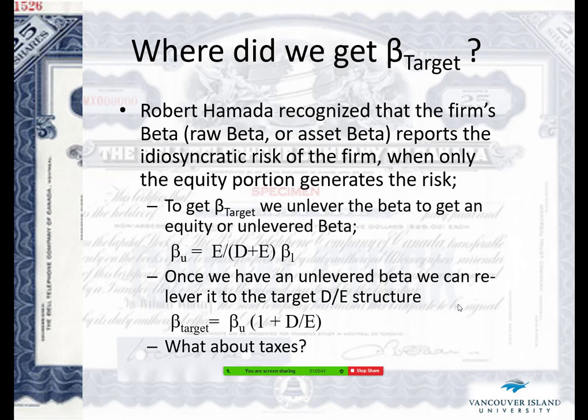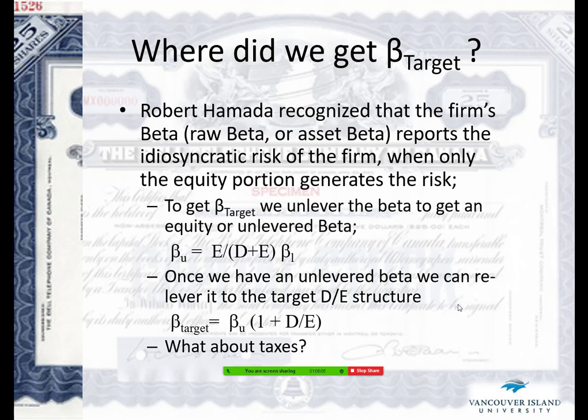that company beta reports the idiosyncratic risk of the firm, of all of the assets of the firm, or all the sources of capital of the firm, including the debt and equity. The uncertainty related to debt is zero. The return to debt is always going to be exactly the same. So all of the uncertainty must therefore load onto the equity side of the cost of capital calculation.